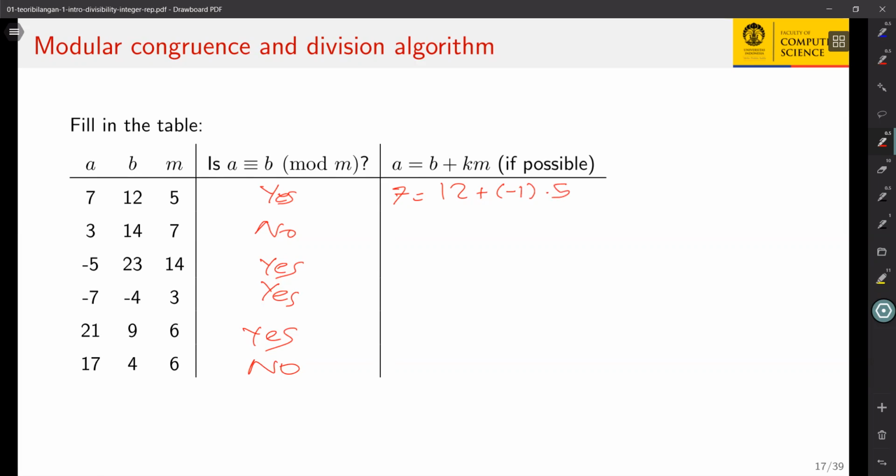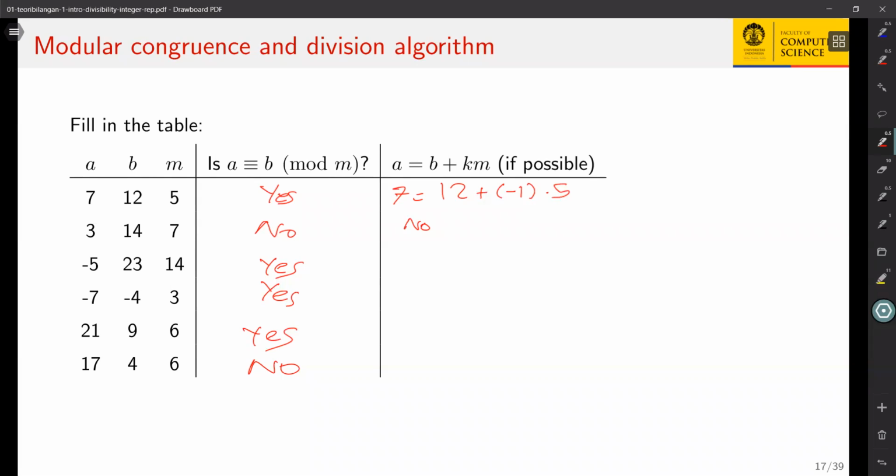And then, of course, well, this is not possible, right? We cannot write the 3 as the expression 14 plus k times 7, right? So we cannot do that.